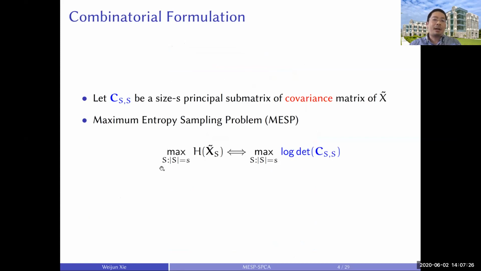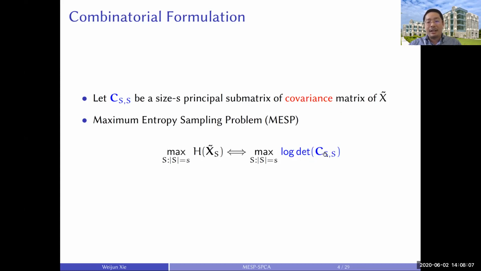So this problem can be reduced to the following form, where we let the matrix C denote the covariance matrix of the entire set of observations. This can be estimated from previous data, so we know the covariance matrix C based on historical data. The maximum entropy sampling problem can be formulated as follows: we maximize the entropy, or equivalently, we maximize the log determinant of a principal submatrix of the covariance matrix.